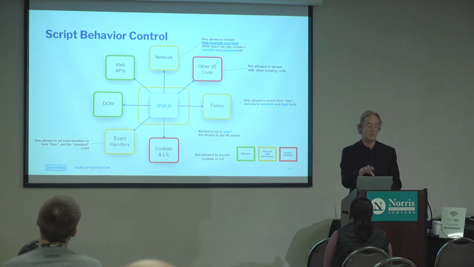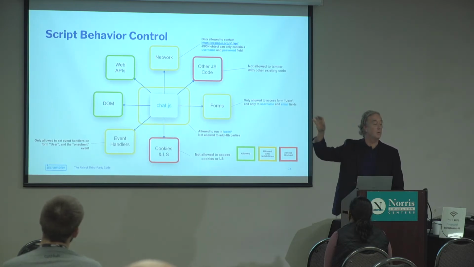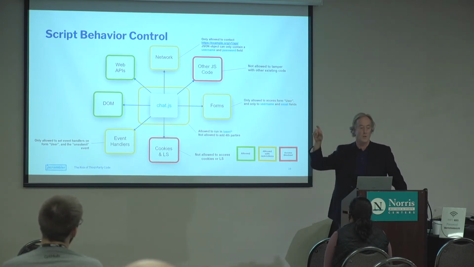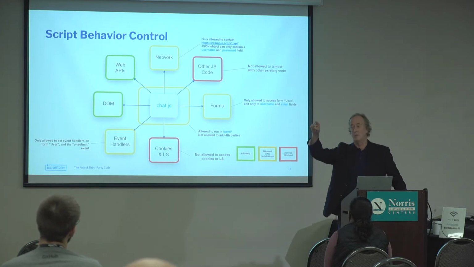Now, with these types of controls, if the behavior of this script changed, let's say the script itself was hacked from a third-party standpoint, which you can't control, it's outside your environment, and in a way that it's now exfiltrating passwords off that form field, then in the trades, when the hack shows up, it would name the other people who are at fault, and your company wouldn't be on that list.